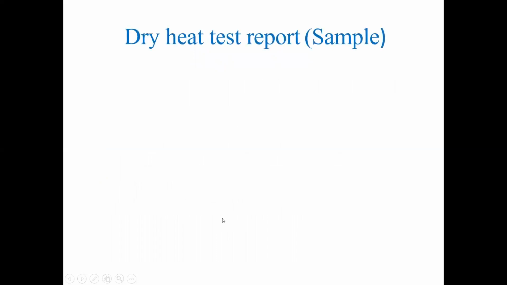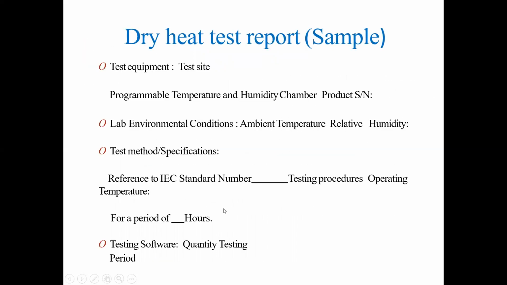So, dry heat test report sample. You can see over here, this is the report sample. First test equipment, test site, programmable temperature and humidity chamber, product, signal to noise ratio.